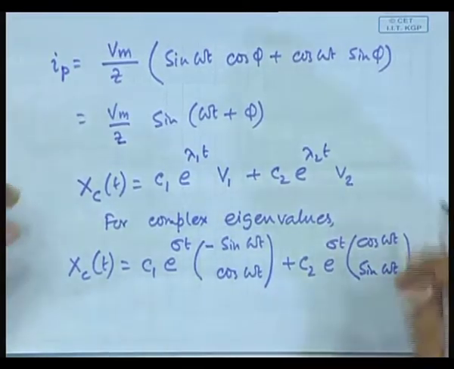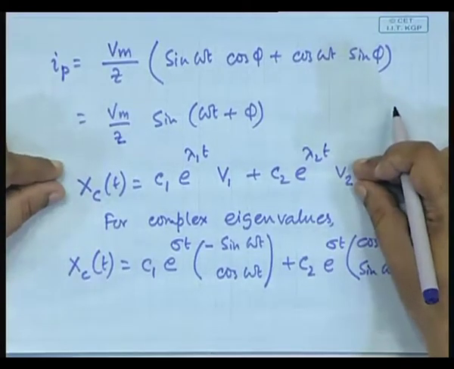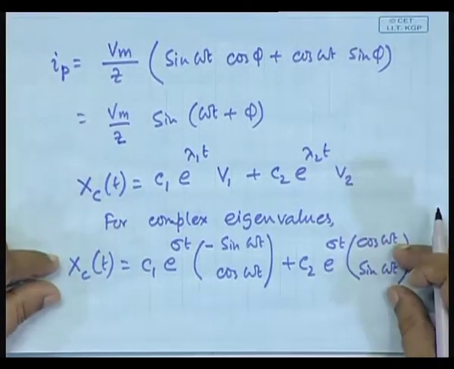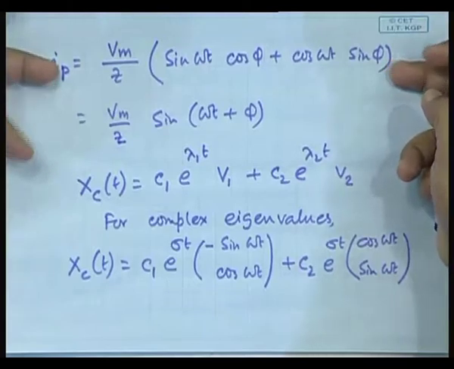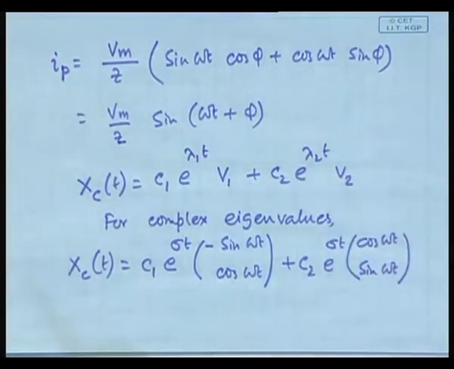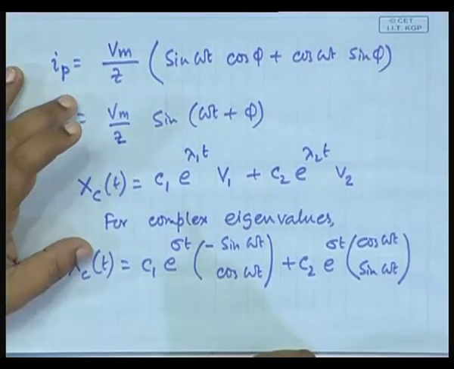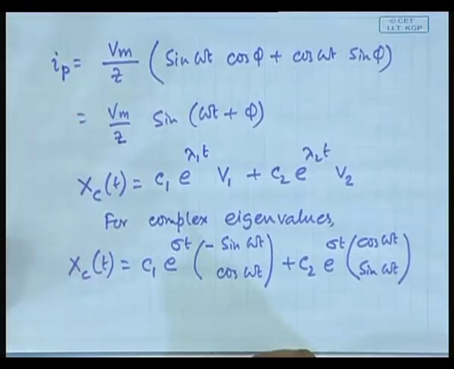So, for real eigenvalues, this will be the complementary function. For complex eigenvalues, this will be the complementary function, and ultimately the total will be this plus either this or that. And then from the initial condition you will have to obtain C1 and C2. Clear?